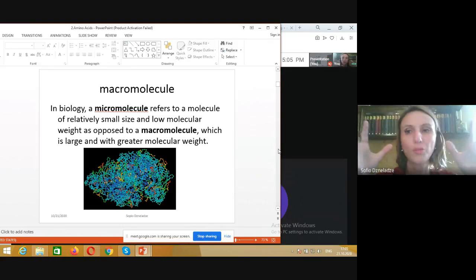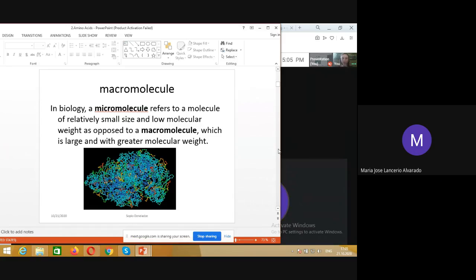Now let's talk about the difference between micro and macromolecule. Macromolecule is heavy in weight. Micromolecule is from 2 to 20 amino acids, small with small weight.